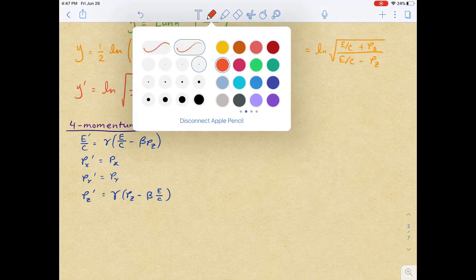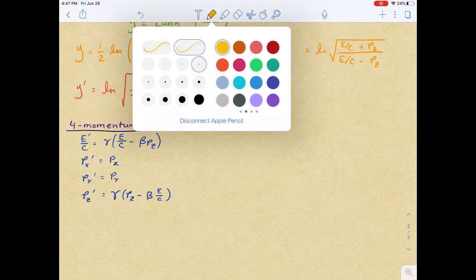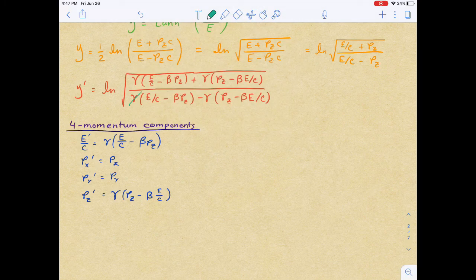Now one other thing that we can do is get rid of these gammas. We don't need these here. Actually, let me use a different color because I can barely see. Oh, let's use this teal color. Gamma gets cancelled out.